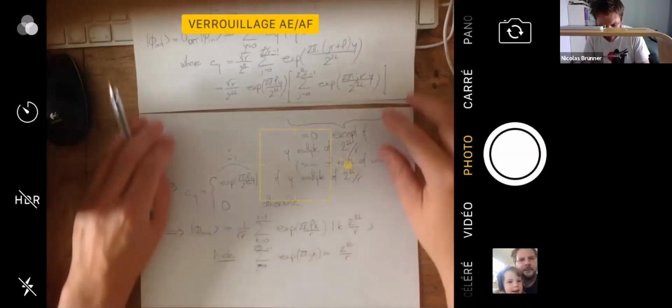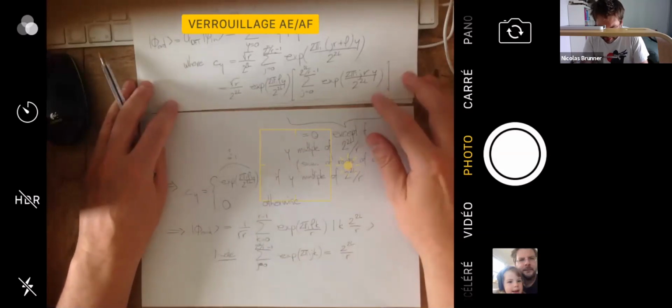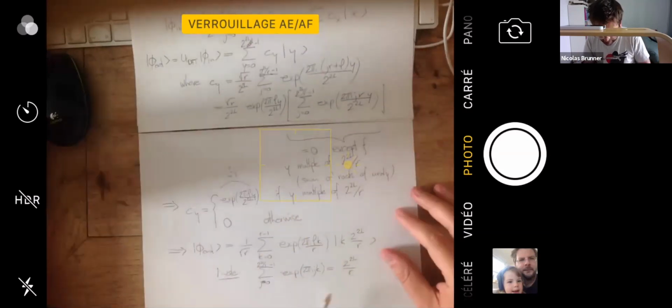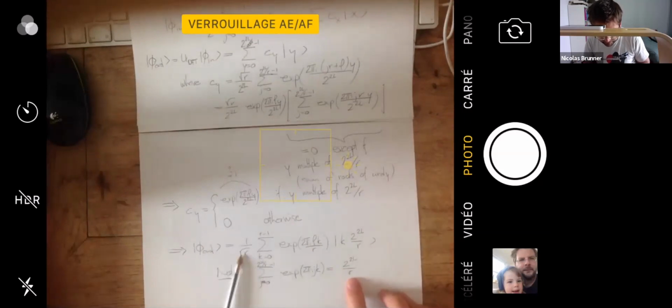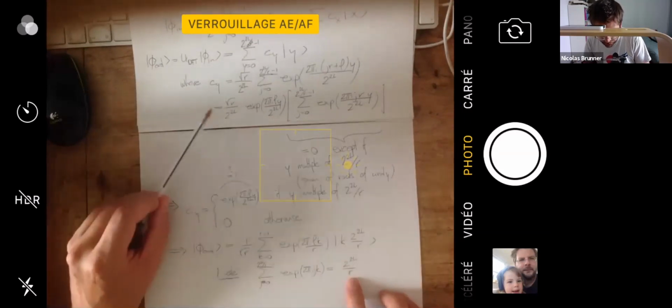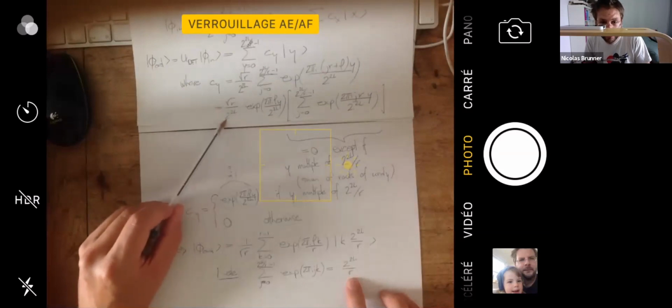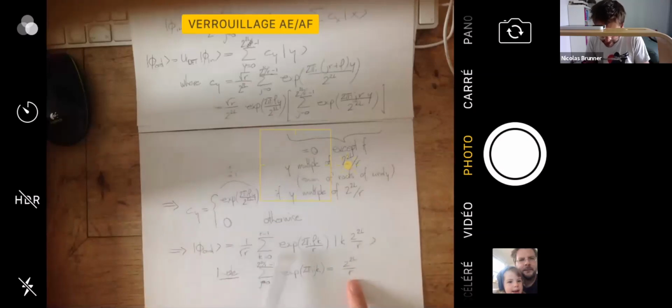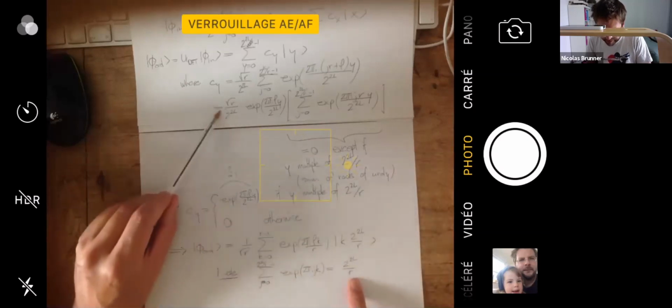This is important because now I have the correct factor in front, right? Because initially I had this coefficient here, and when I take into account all the redundancies and what is left, then indeed I find the right thing.